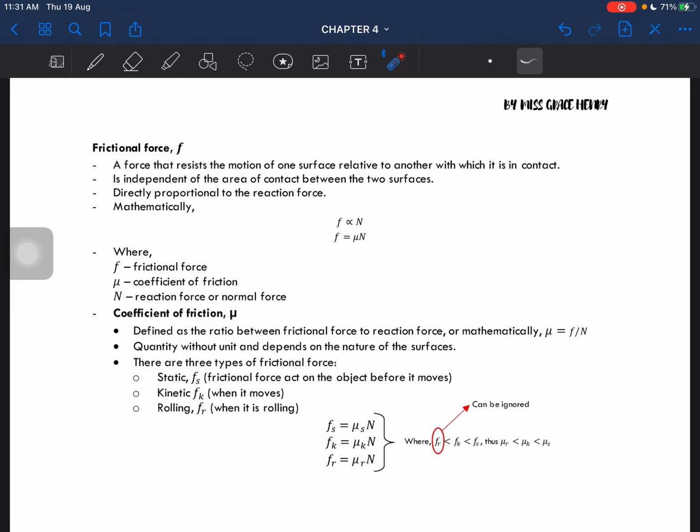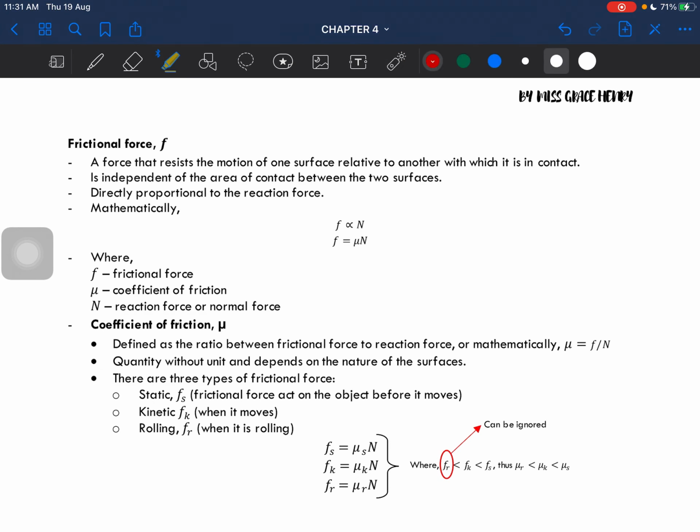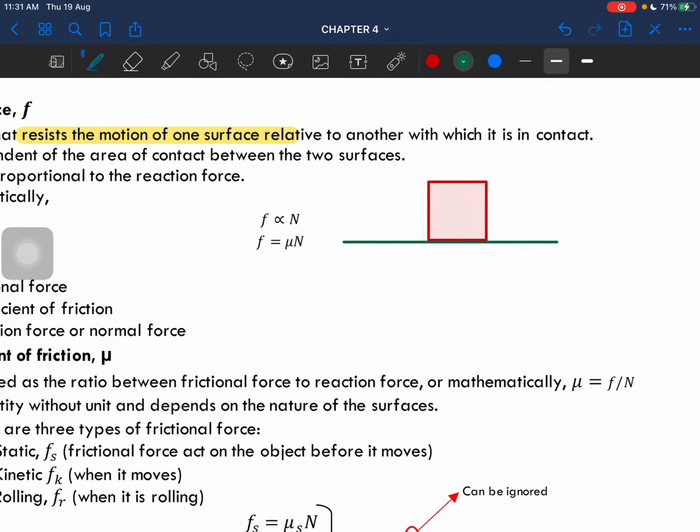So this one is frictional force. Again, we know that frictional force is a force that resists the motion of one surface to another when they are in contact. Let me draw that. If we have this, and then we have a table, something like this, and then if the object is moving to the right, the frictional force will be moving to the left.